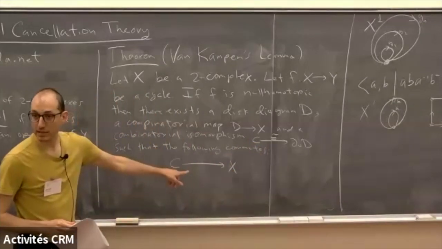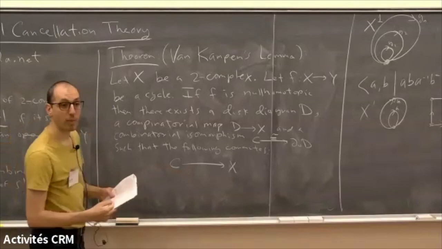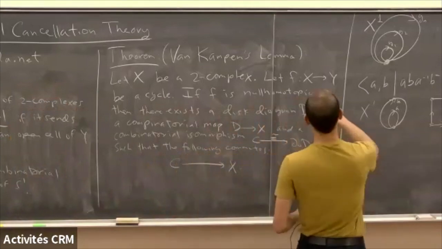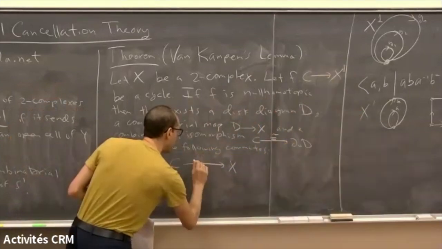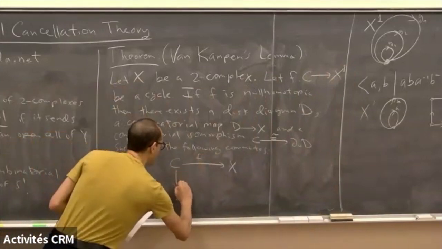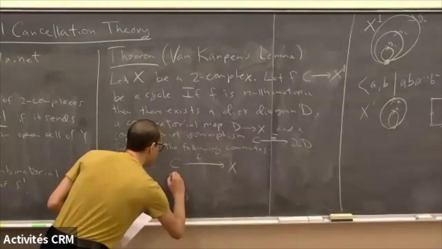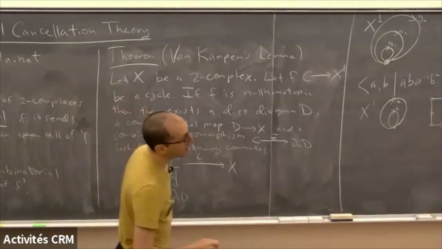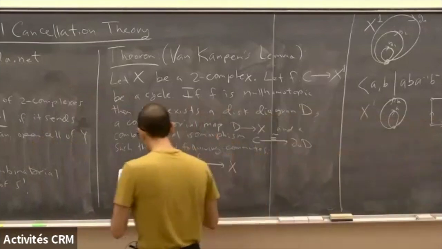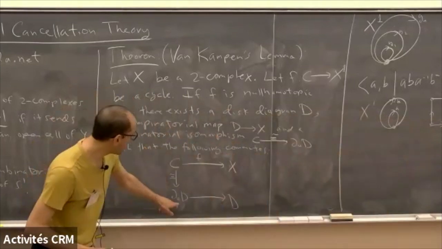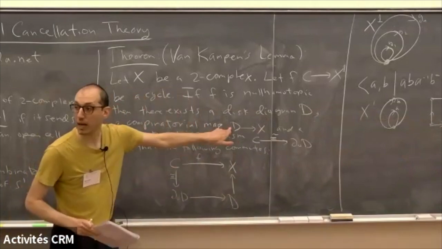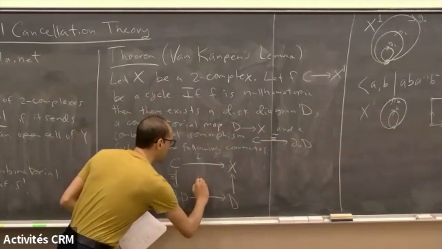The diagram is this one. There's our cycle in X. When you first wrote F, should that be a map? Yes, it really should. Thank you. So that's F, our cycle. We have an isomorphism, so essentially some identification between C and this orange boundary path of this diagram. That's our map from the boundary path into D. And that's the combinatorial map from D into X. Okay, and this commutes.